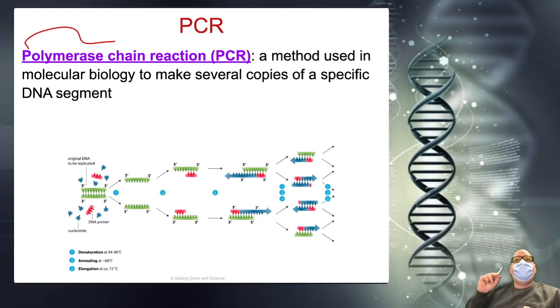One of the early COVID tests was a PCR test where they would take a sample out of your nose, PCR it, and get the amount of viral DNA up to a level that was high enough to detect. Okay?